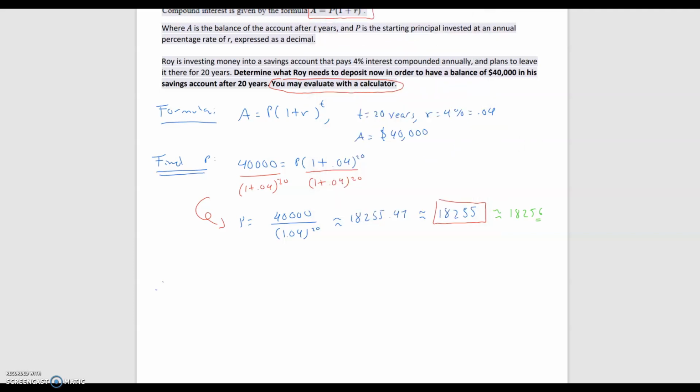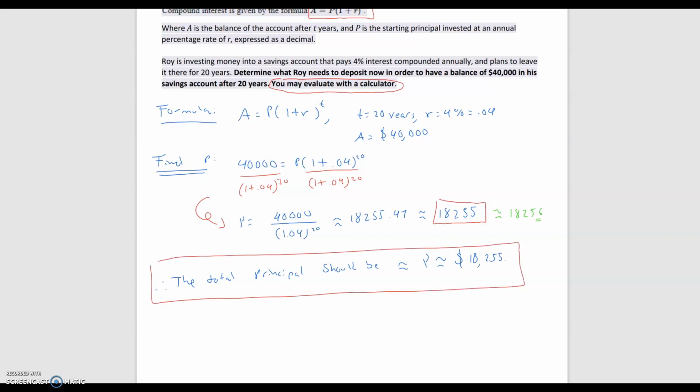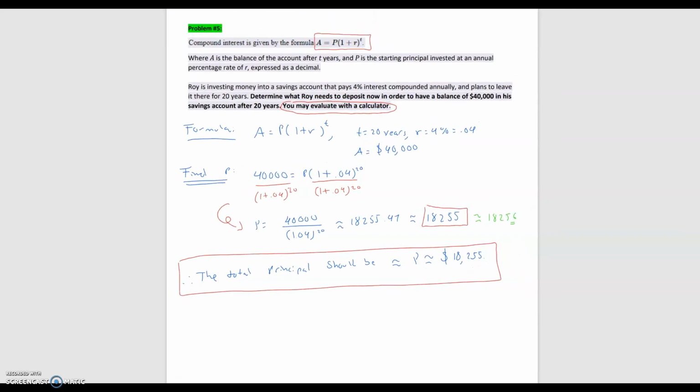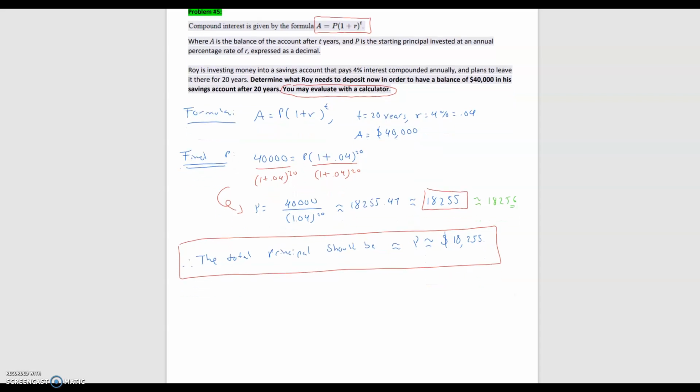The total principal should be approximately P, and this is just going to be an approximation of $18,255. That's how much needs to be placed and left for 20 years at a compound interest of 4%. That's actually it for this one. Let's move on to the next problem.